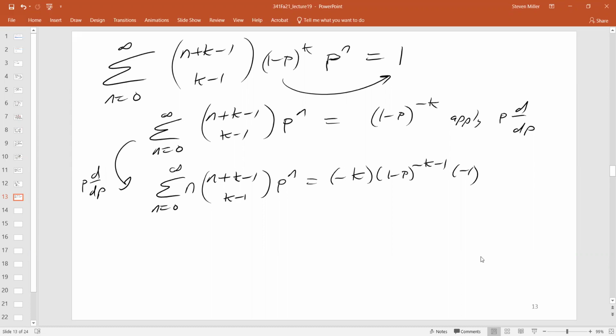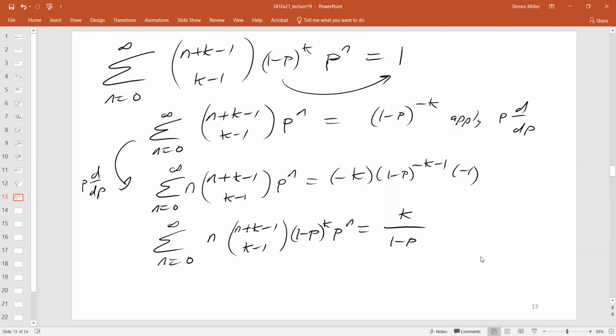And so when I do that, I get the sum, n goes from 0 to infinity, of n plus k minus 1, choose k minus 1, 1 minus p to the k, p to the n, equals k, and I'm left with a 1 over p in the denominator.